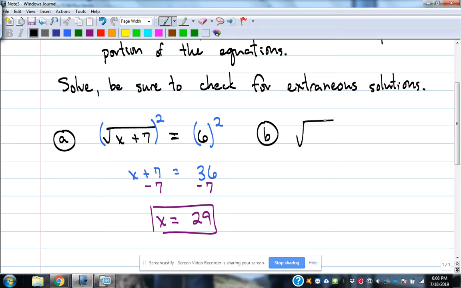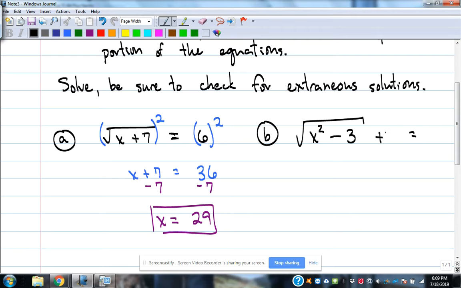Let's say we had the square root of x squared minus 3 plus 4 equal to, trying to get my numbers right here, I'm making these up.